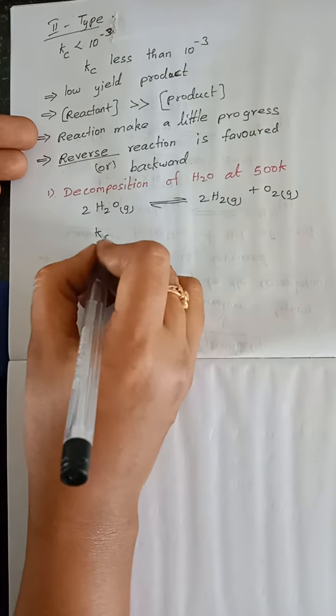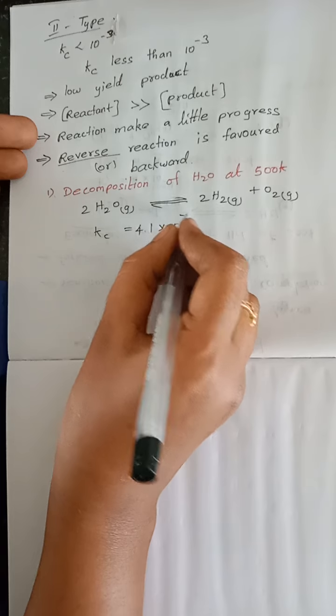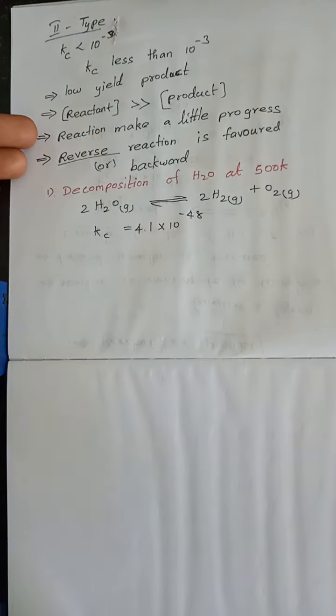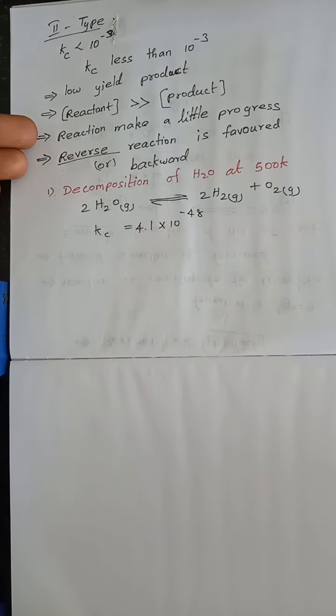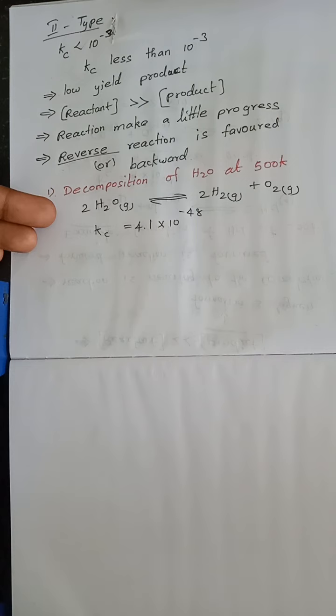So what is the Kc value? The Kc value is 4.1 into 10 to the power minus 48. So the decomposition of water at 500 Kelvin: 2 moles of water forms H2 gas and oxygen gas.